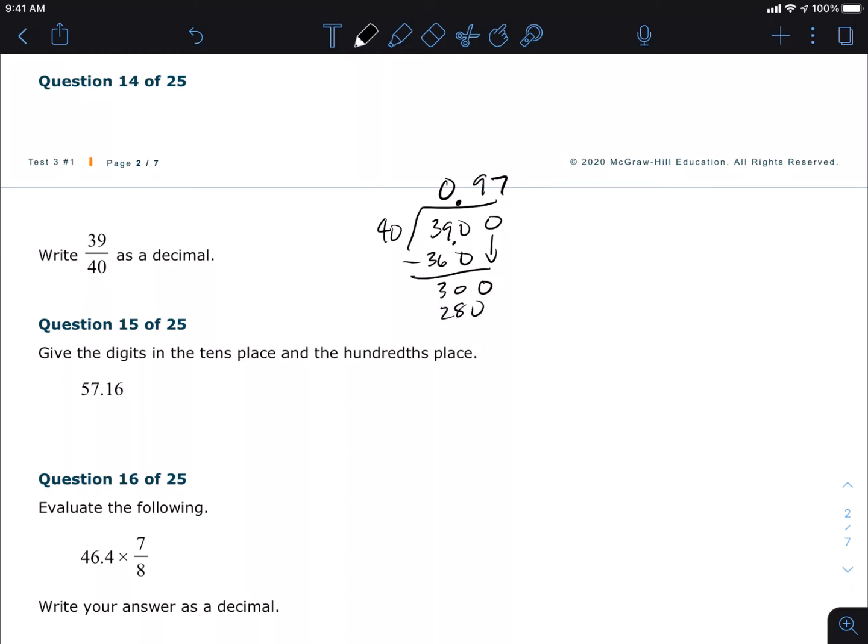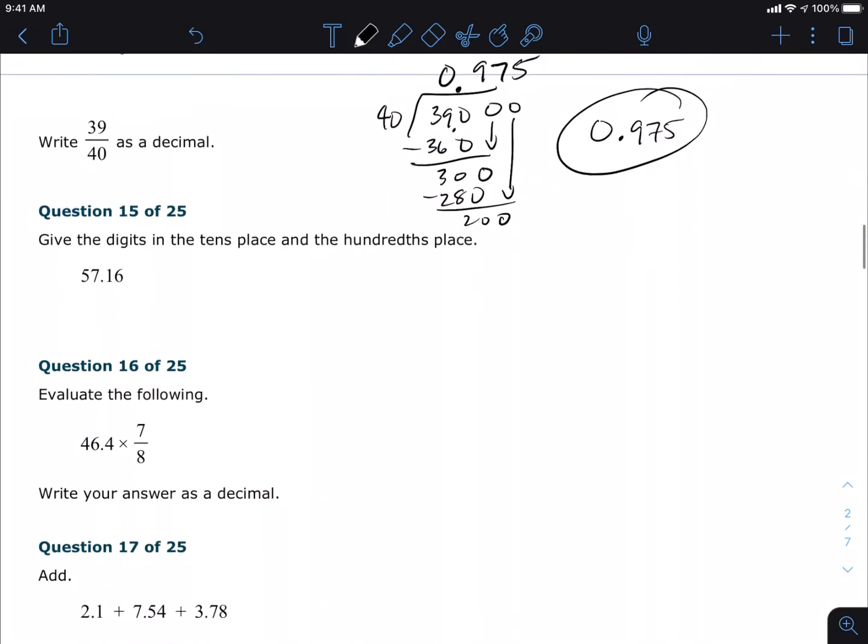That would be 280. Bring down another 0. 40 goes into 200. I believe that's 5 times, and so my answer should be 0.975. Are we good with that? Okay. All right.